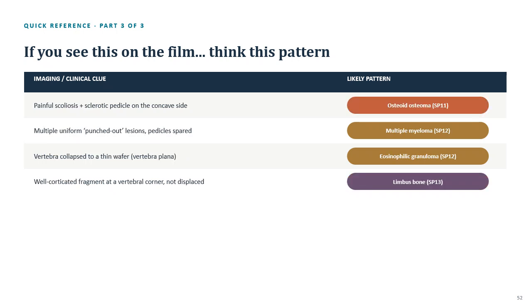All right, this is our last quick recognition group slide. And again, there's a lot of conditions that we went over this week. So if the patient presents and they have painful scoliosis, and we're also seeing on their imaging sclerotic pedicles on the inside of the curve, that might lead the radiologist or doctor to consider osteoid osteoma.